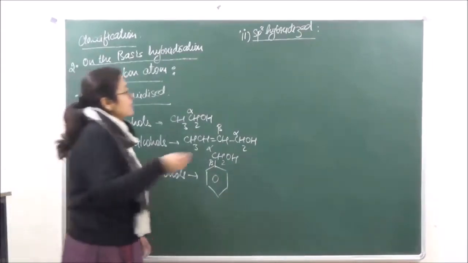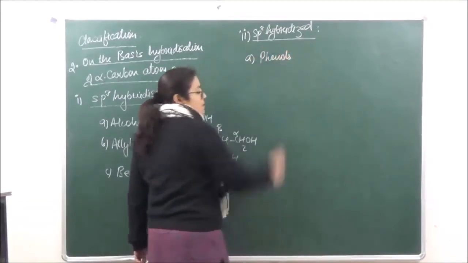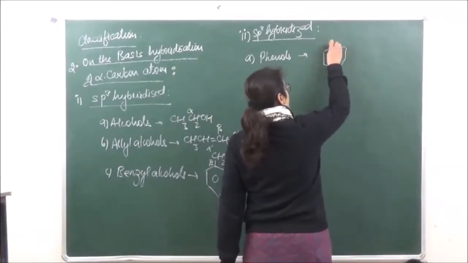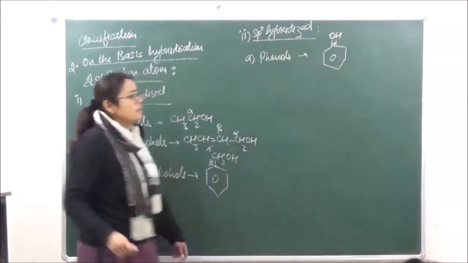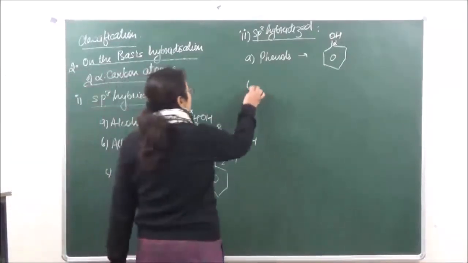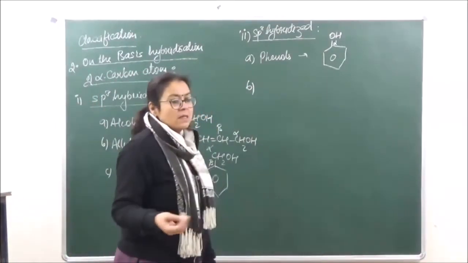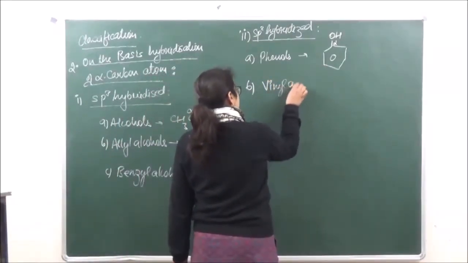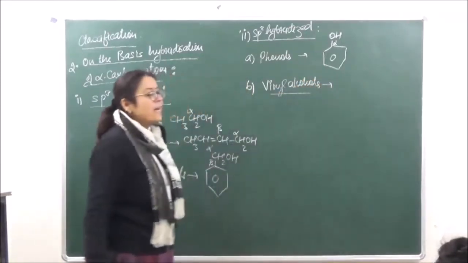Now in sp2 hybridized, the first one which we are going to get is phenols. In case of phenols, this is the alpha carbon atom and this alpha carbon atom is going to be sp2 hybridized. Then we come to number B, that is known as vinyl alcohols.